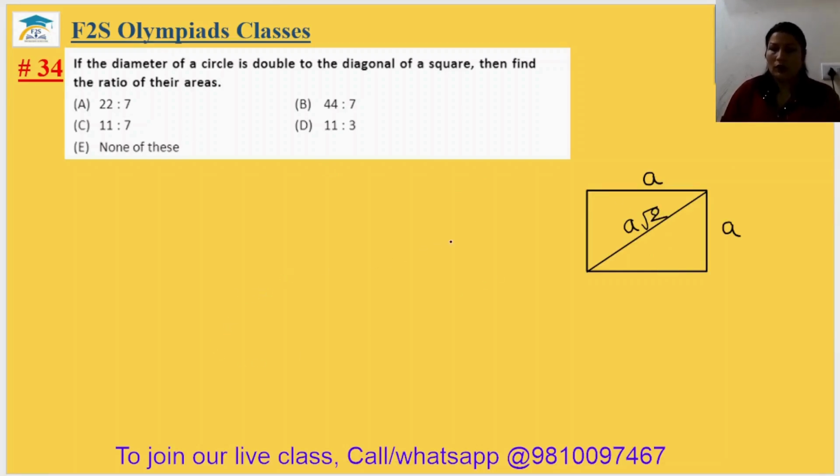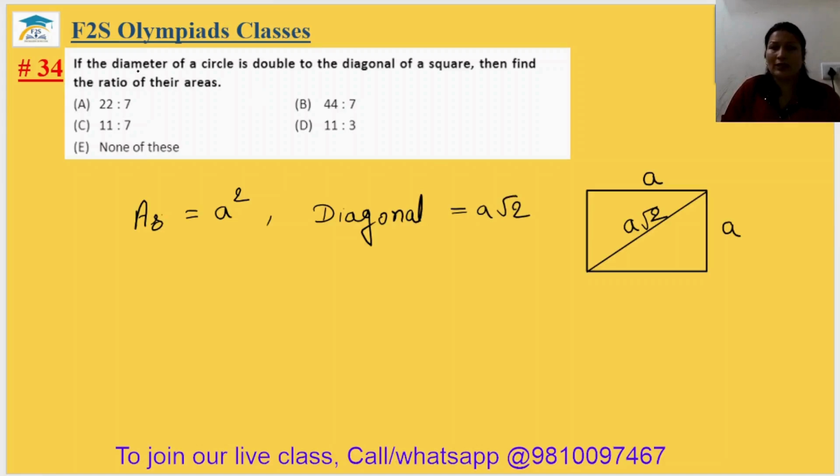Now, what is the area of the small square? That is your A square. And the diagonal is given. I'm writing diagonal, otherwise you will confuse it as the diameter. Diagonal is A root 2.